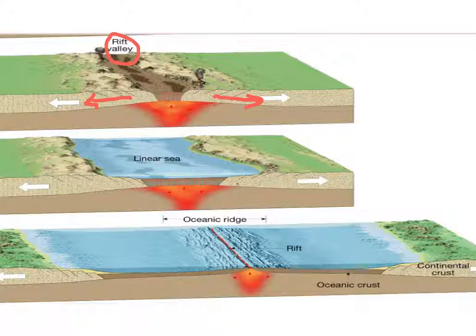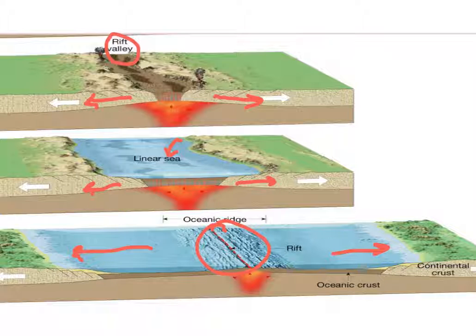And eventually, if those two plates continue to separate, water ends up filling in that valley, whether it is from rainfall that washes down a mountain and from a river, or it might actually be a nearby ocean that eventually finds its way and flows into this lower valley left by the rifting. And then eventually over time, as the continents separate even farther, then you start to see this oceanic ridge, this mid-ocean ridge forming in the middle of your ocean.